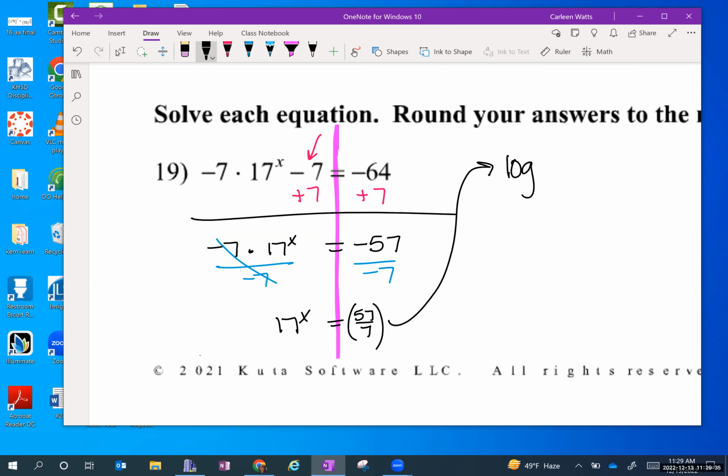Log base 17, answer 57/7 is equal to x. That's a 17, by the way.